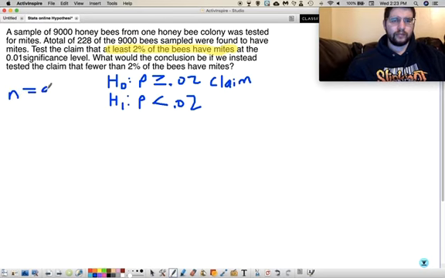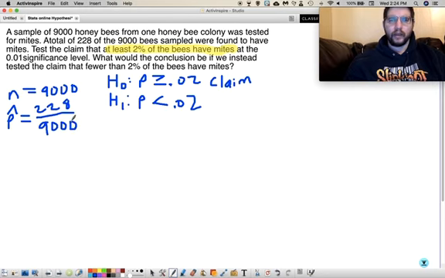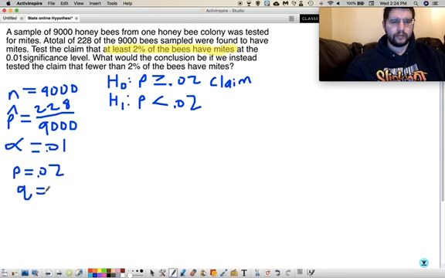N was 9,000. P hat would be 228 out of the 9,000. Alpha is 0.01. P is 0.02. That makes Q 0.98.